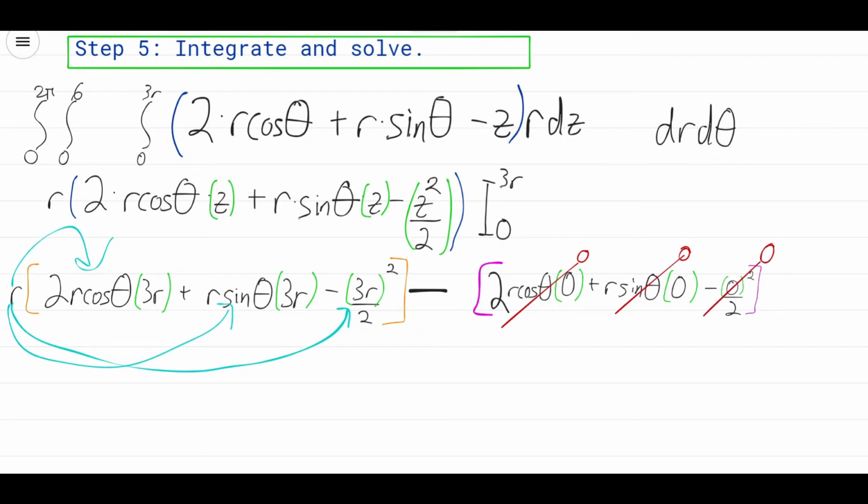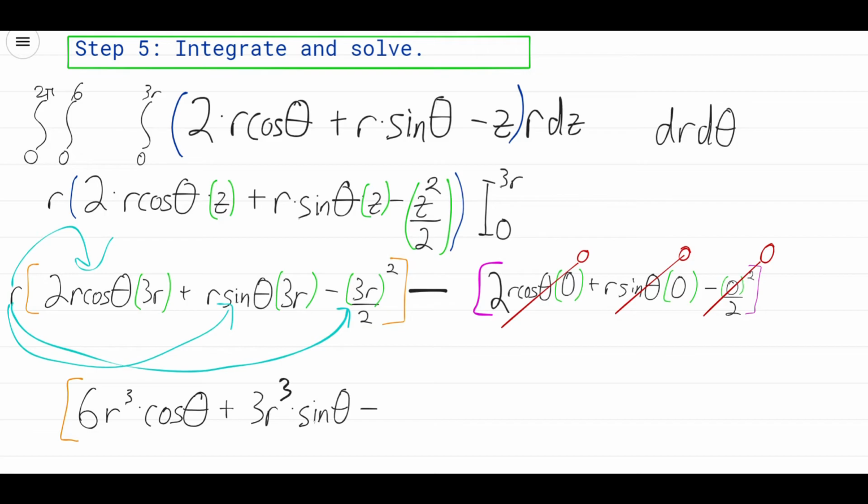So now in our new integral, 2 times 3 is 6, and we have 3r, so it's going to be 6r cubed cosine theta plus 3r squared, because we have 2 r's, sine theta, minus 3r squared is 9r squared over 2. Note that we're only squaring the top, not the bottom. That's why I put parentheses, because you can slip here.